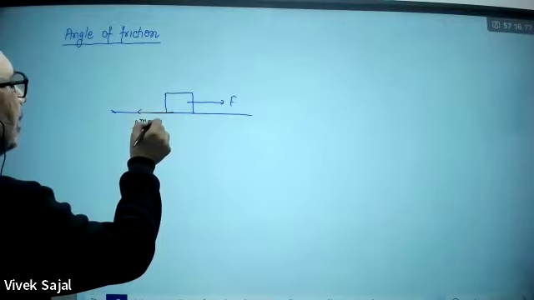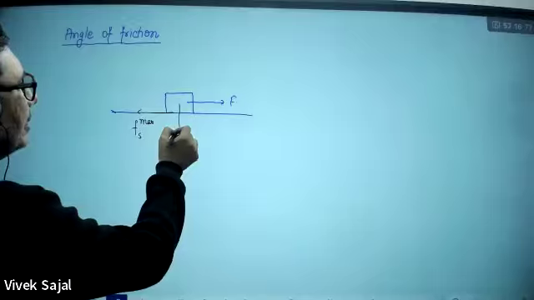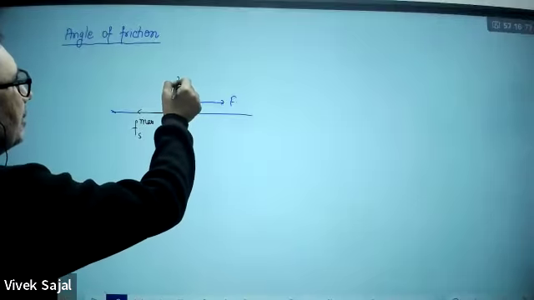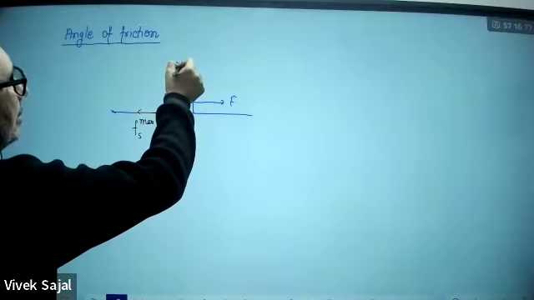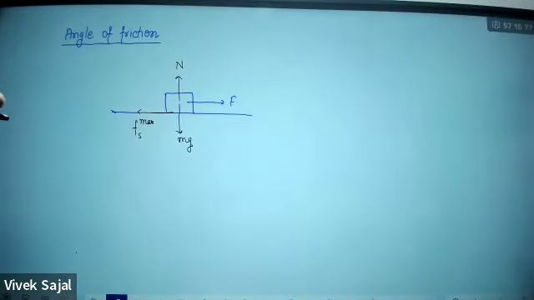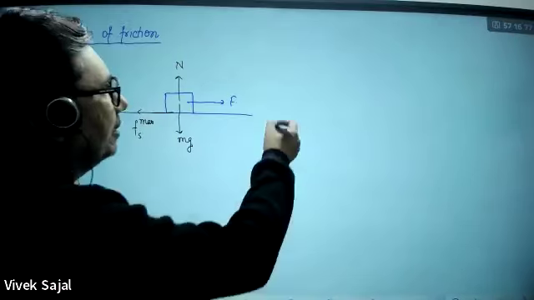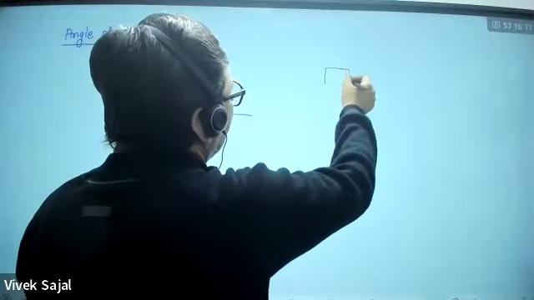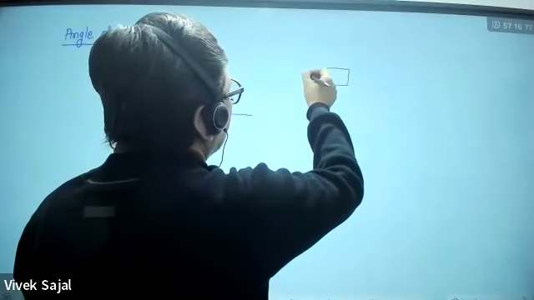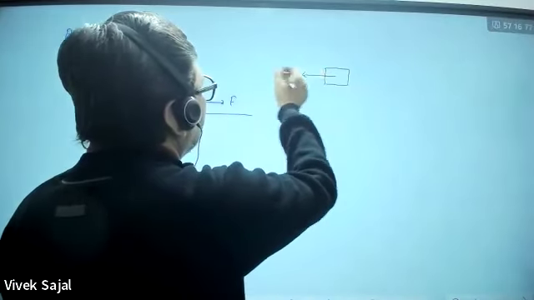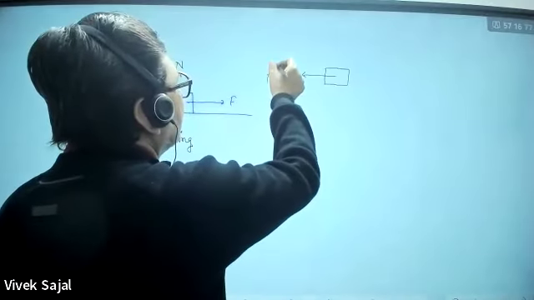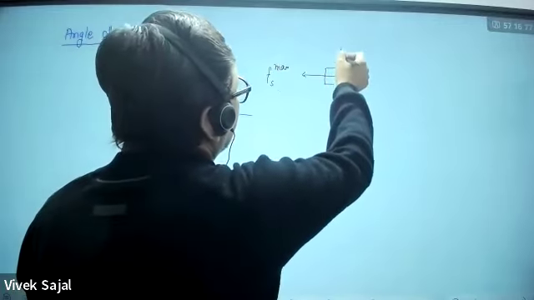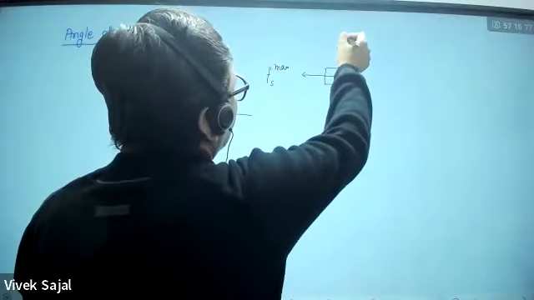The other two forces acting are mg and the normal reaction. If I make the free body diagram, I can show this Fs max here, and here is the normal reaction.